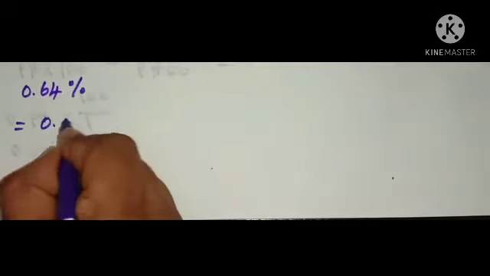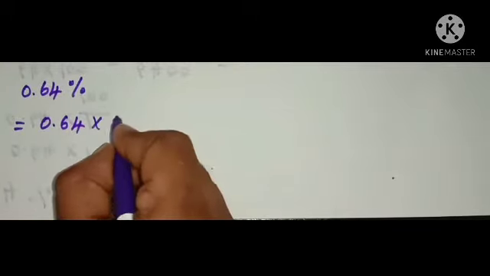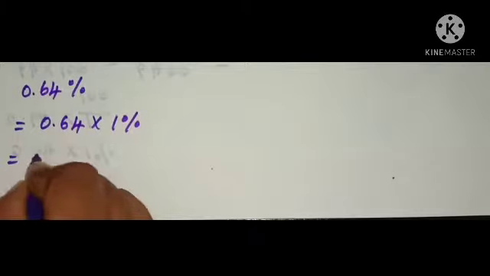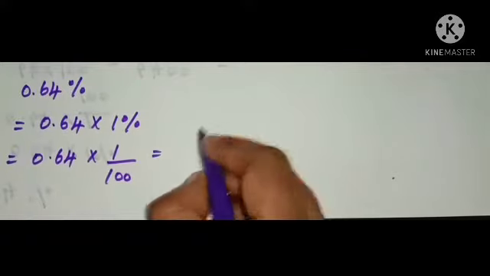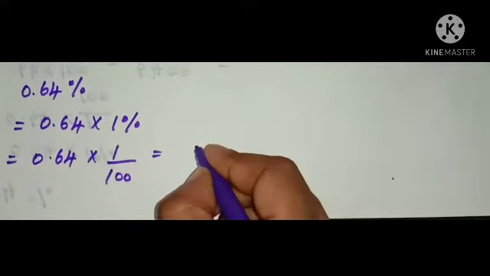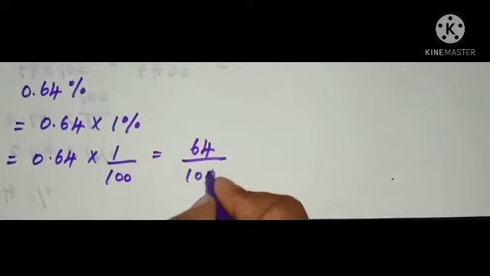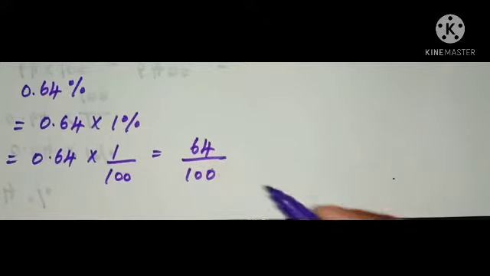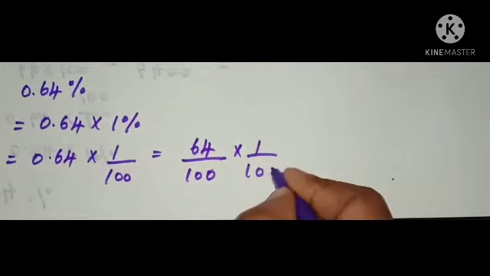Children, let us write 0.64 into 1 percentage, and 1 percentage is 1 by 100. And 0.64 can be written as 64 by 100, isn't it? 64 by 100 into 1 by 100.